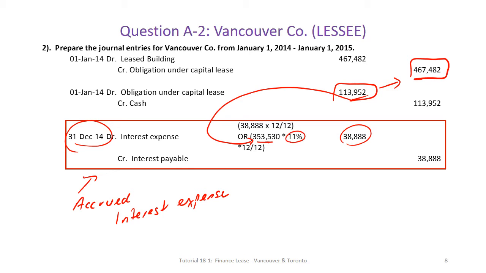We multiply that by 11%, and that's our interest accrual. So we debit our interest expense and credit our interest payable, not the lease obligation. This is interest, this is a separate obligation.